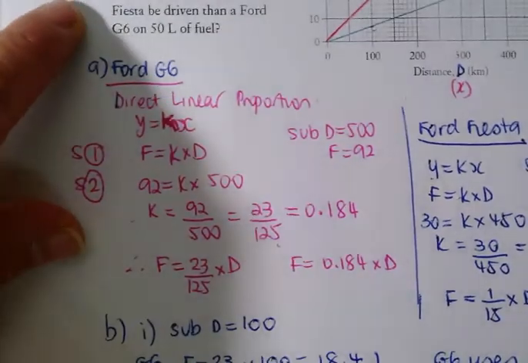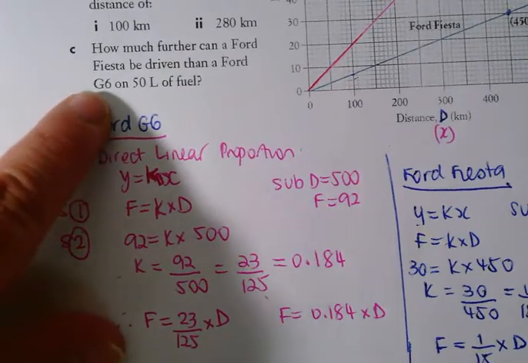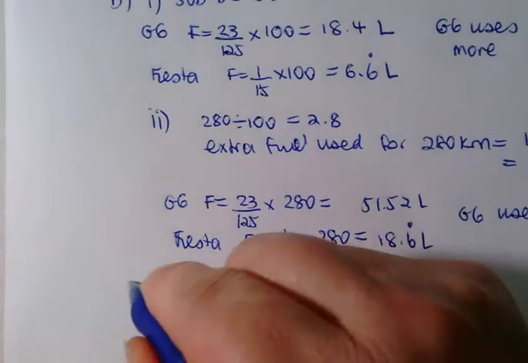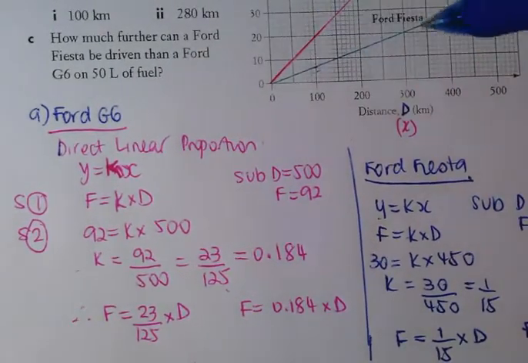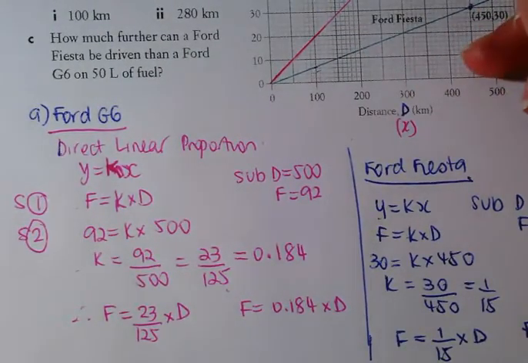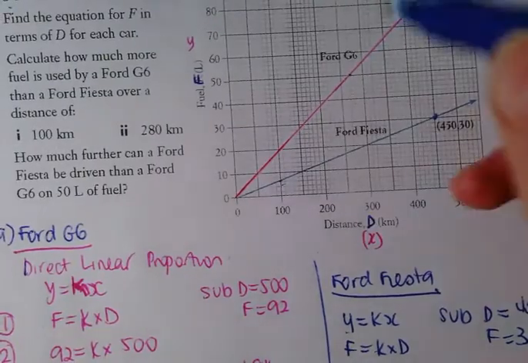And now for part C, it says how much further can a Ford Fiesta be driven than a Ford G6 on 50 litres of fuel? Now, you can get a rough idea from the graph. Let's look at 50 litres of fuel, which is here, for this graph.